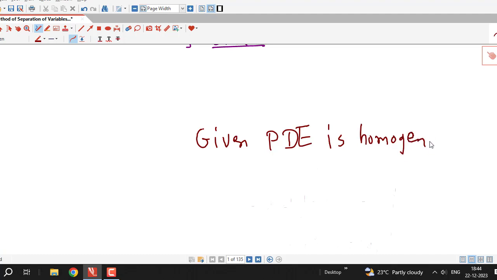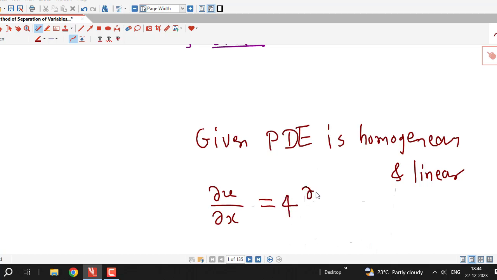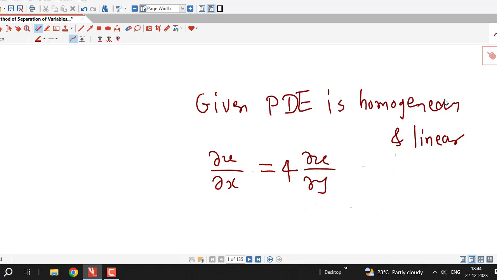So to apply this method, we assume that the given PDE is linear and homogeneous. For example, if I am writing del u by del x equal to 4 times del u by del y, then this is homogeneous.